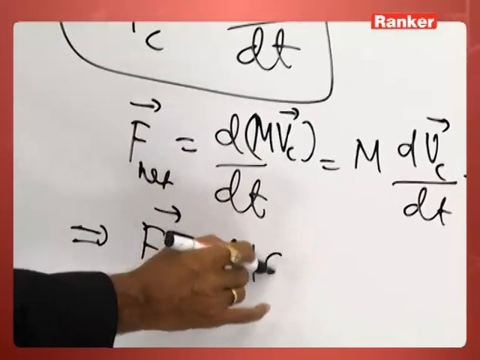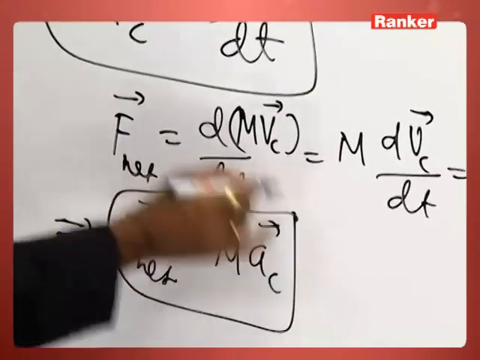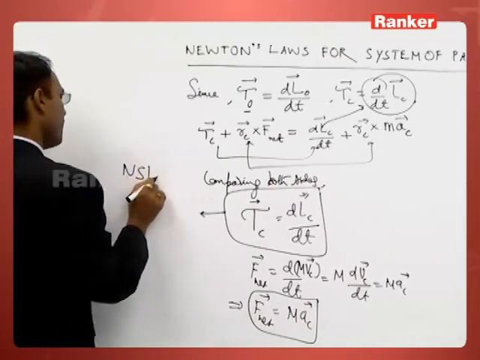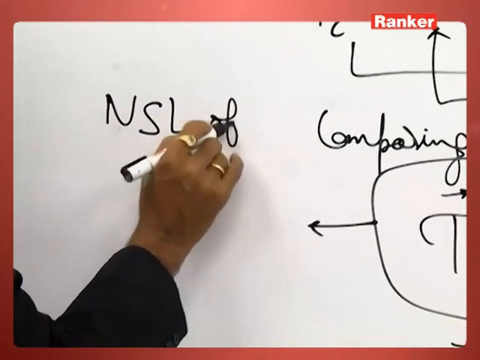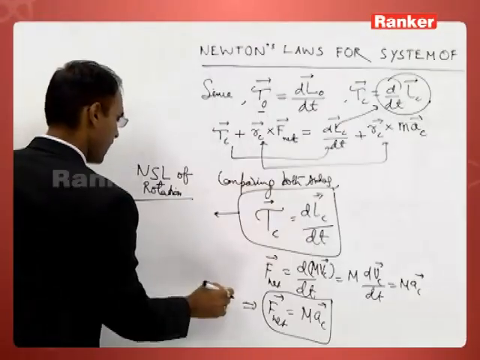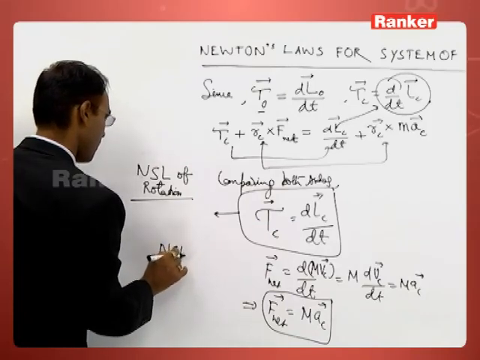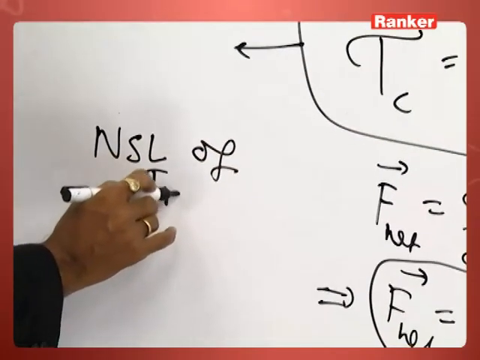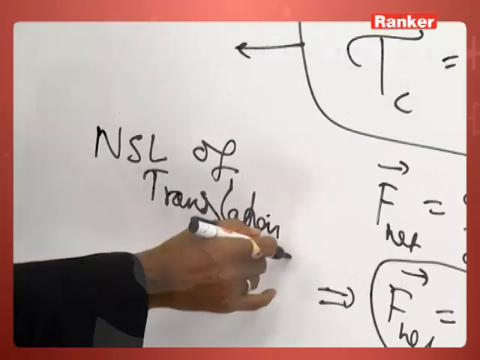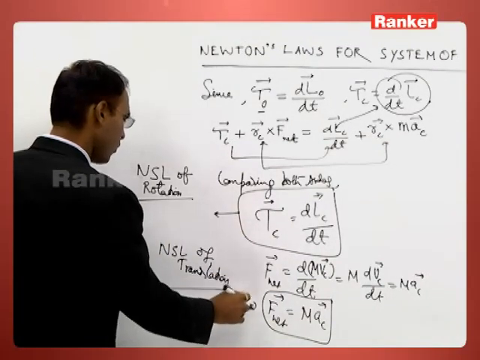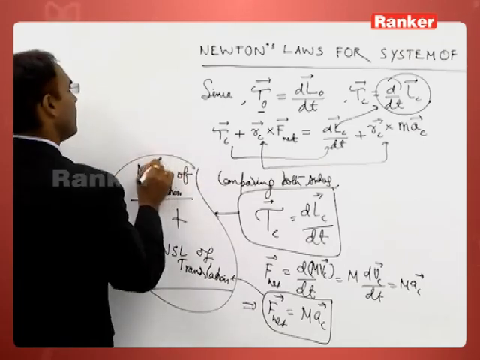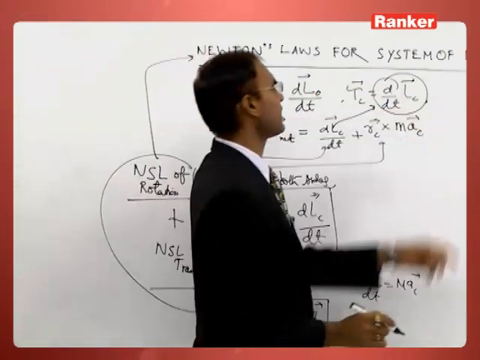F net is equal to the total mass times the acceleration of the center of mass. This is called Newton's second law for translation. The other is called Newton's second law of rotation. Combining these two will give us Newton's laws for a system of particles.